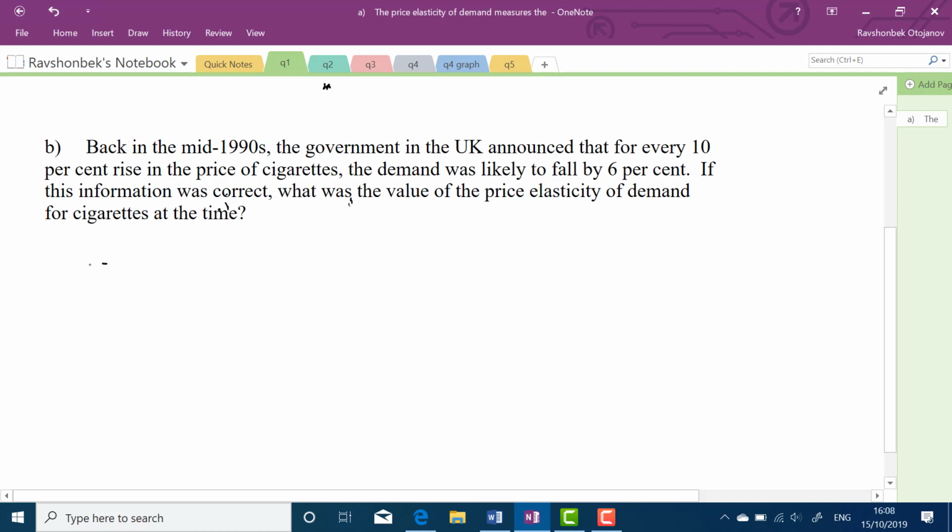Yeah. So elasticity of demand with respect to price is basically percentage change in quantity over percentage change in price. Now we know what the percentage change in quantity is. Is it this one?